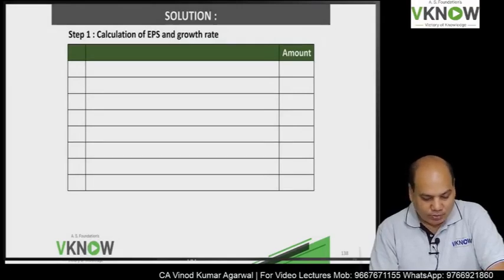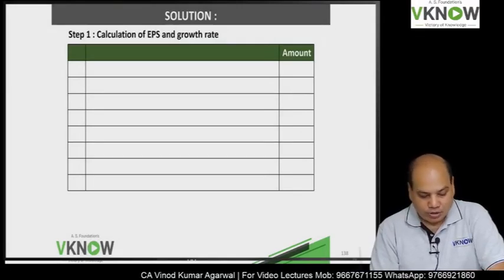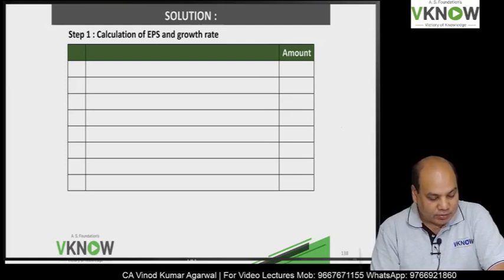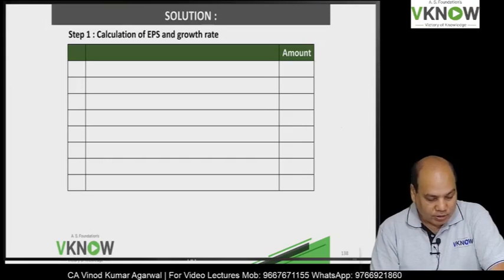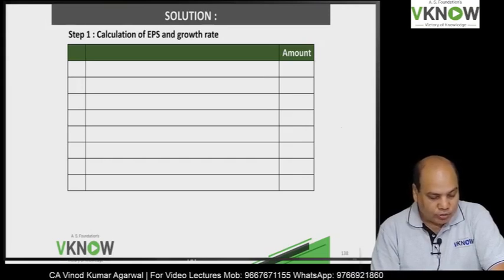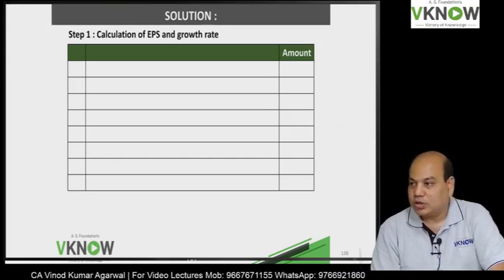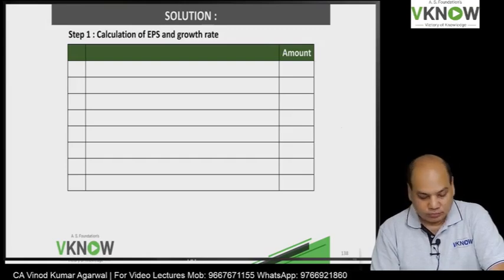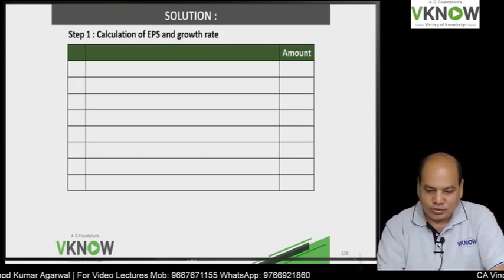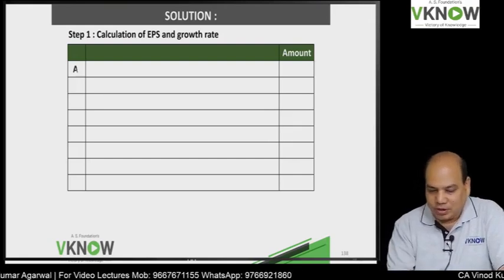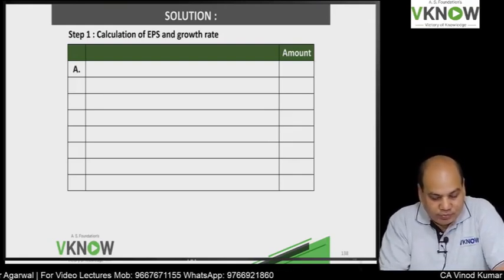So write down step 1. If this question appears in the exam, how will you write the answer? First, we need to find out EPS, and we also need to find out the growth rate. Ready? Steady. Go. Step number 1, EPS and growth rate.